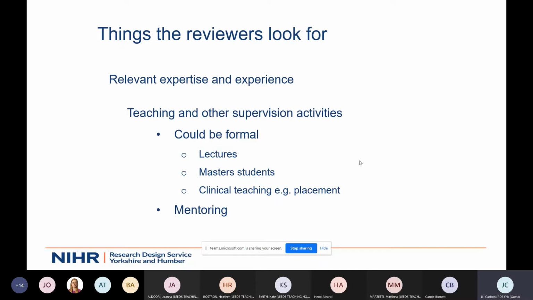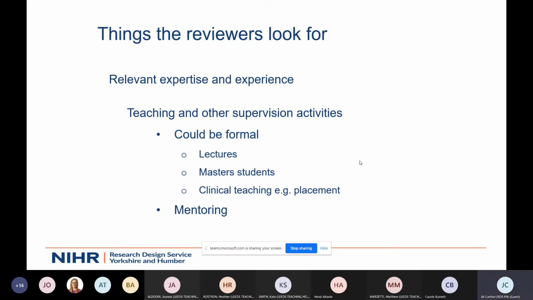Some people who are going for fellowships do have experience around teaching and other supervision activities. Again, this is not true for everybody. And as I mentioned a couple of moments ago, the reviewers wouldn't expect you to have everything, but it's just thinking about all the different ways in which you can demonstrate that you are committed and you're aware of how research sits within both your profession, but also in the wider context of the world, really.